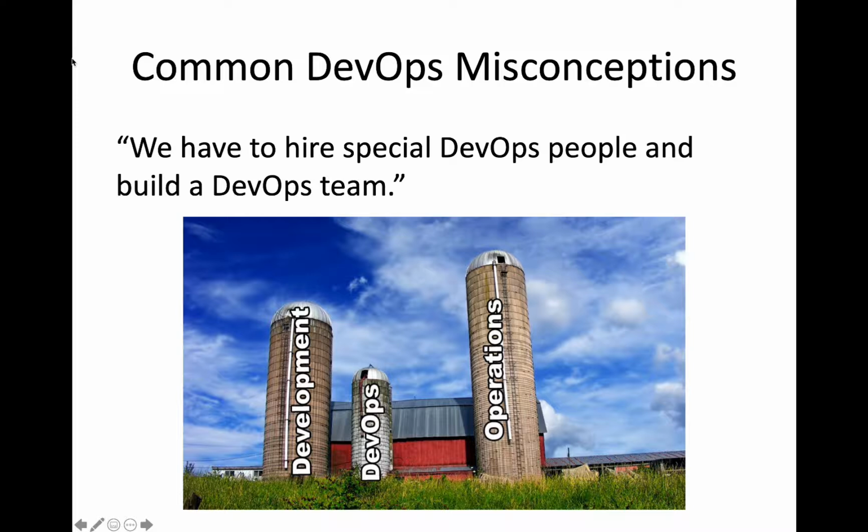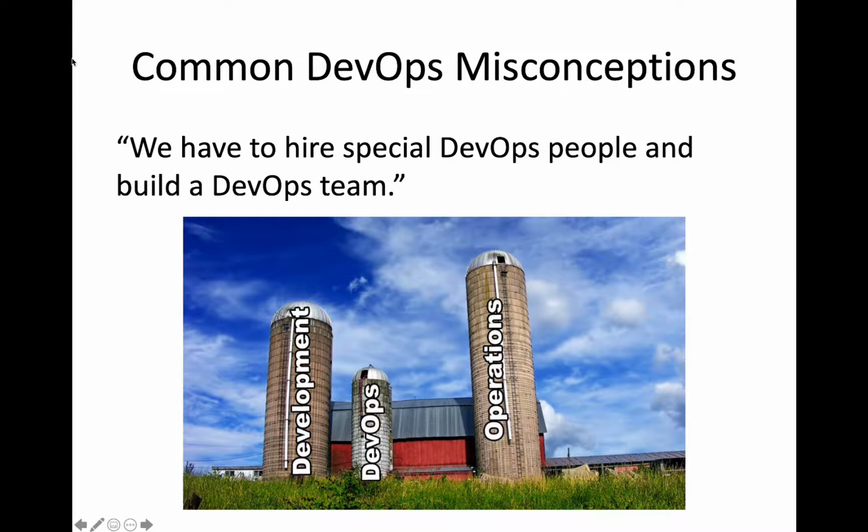But one of the key reasons is that in order for DevOps to be successful in organizations, it has to be something which is embraced by all team members within the technology organization. And if you have one special team that's focused on DevOps, then what will happen inevitably is that you'll have software developers who will say that, well, gee, I don't need to implement these DevOps practices.